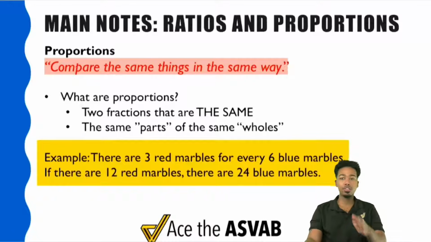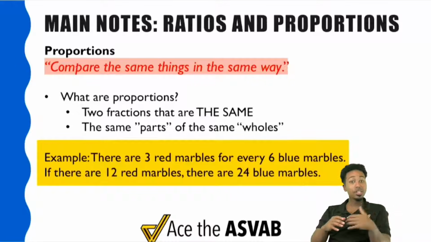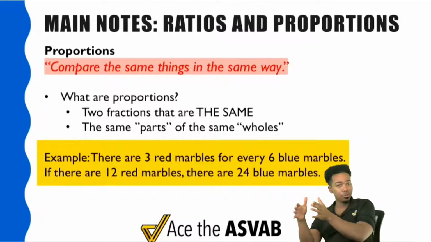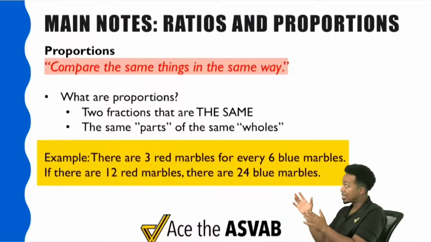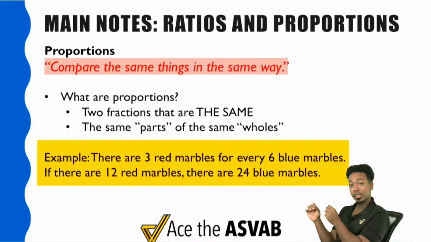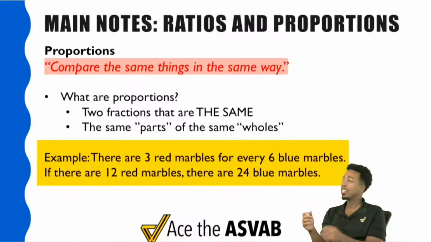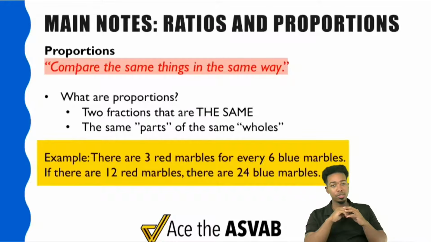If you came to my previous classes on solving equations word problems, last week and the week before that, the main idea was that if there was a rate and a starting amount, an initial value, that's how you knew you were dealing with a linear equation word problem. Here today, the main idea is that if you can compare the same things in the same way, then you are for sure dealing with a proportion. So write that down.